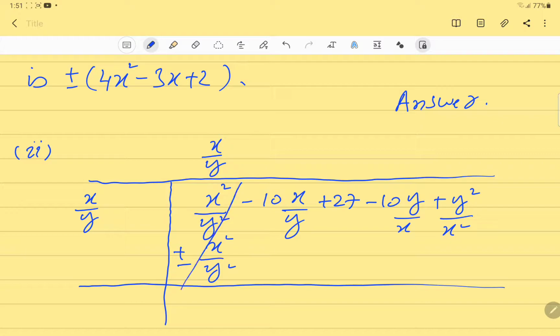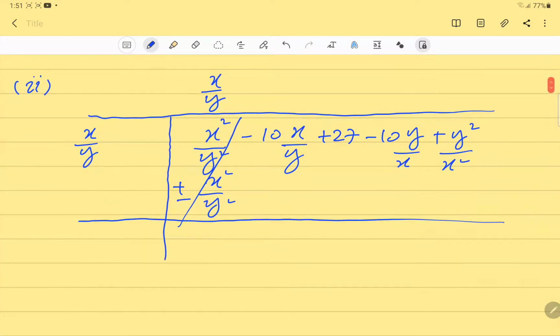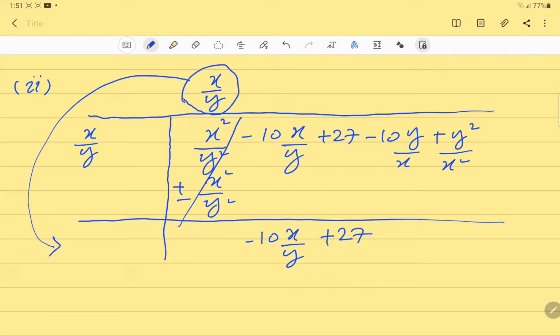So plus will cancel with minus. Now we will bring down the next two terms, minus 10x over y plus 27. We will write double of this term over here. So it will be 2 into x over y.